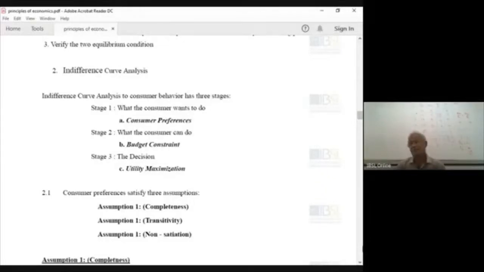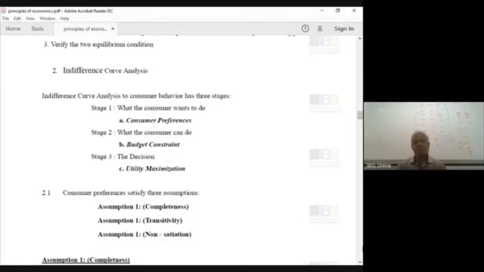Consumers in a market economy try to maximize satisfaction subject to their budget. That's what we all are doing. When you go to the supermarket or a department store, that's how we behave. That is a very important behavioral assumption. Consumers maximize utility subject to budget.